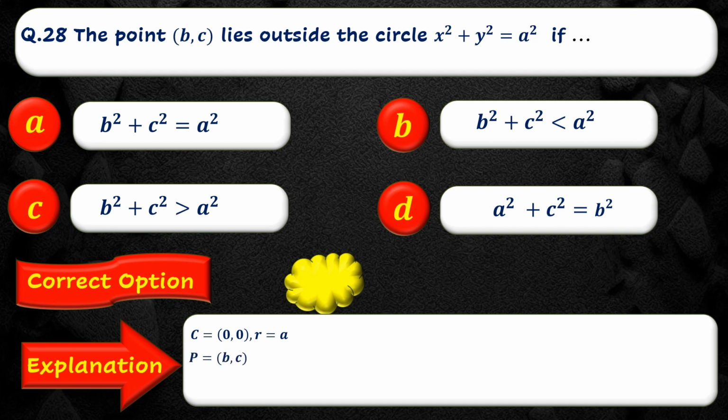Now the point lies outside the circle only if the distance between the point and the center of circle is greater than radius of circle. That is, CP will be greater than R, and after applying the distance formula we get B square plus C square greater than A square. Therefore, correct option is option C.